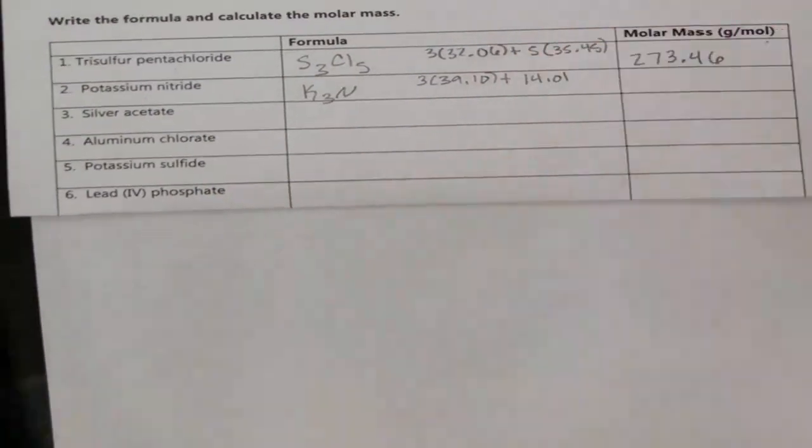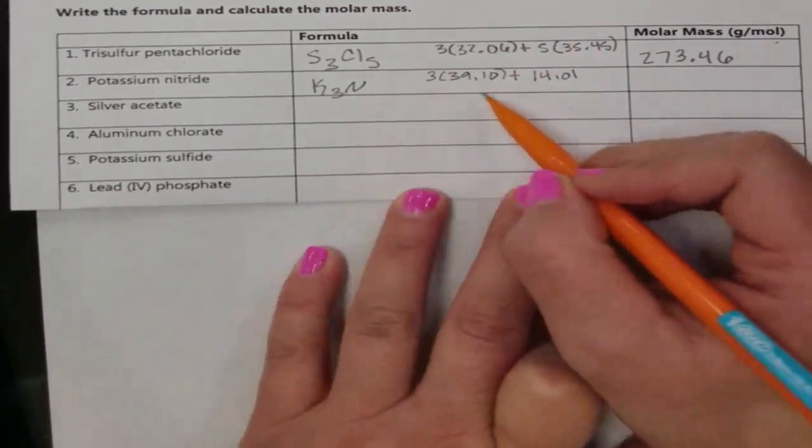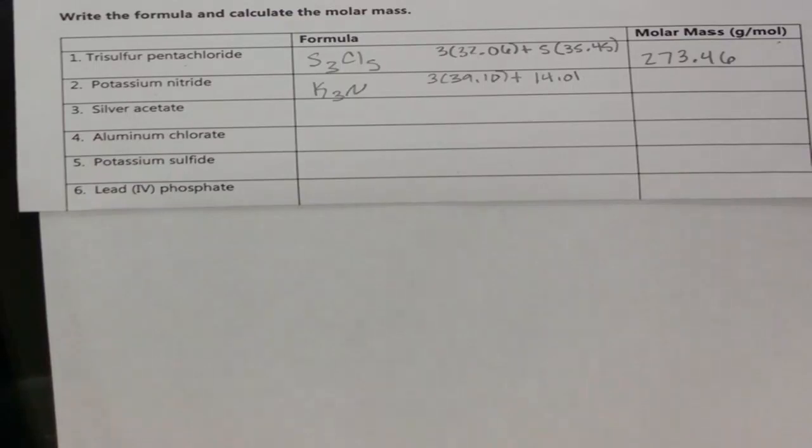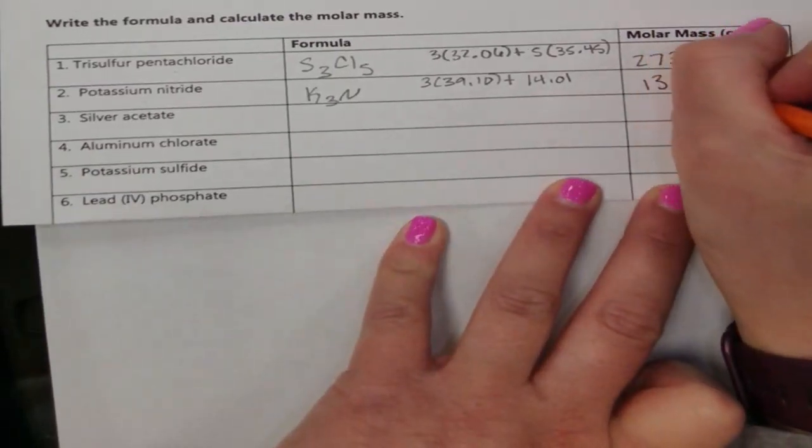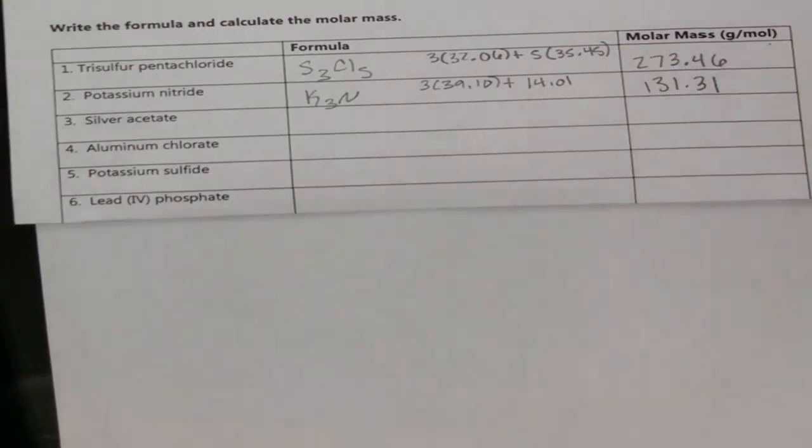So I'm just going to have 14.01 in there. I don't need to multiply it by anything. And when I add these 2 values together, I get a mass of 131.31. So what I'd like for you to do is pause this video, and then come back and check your work.